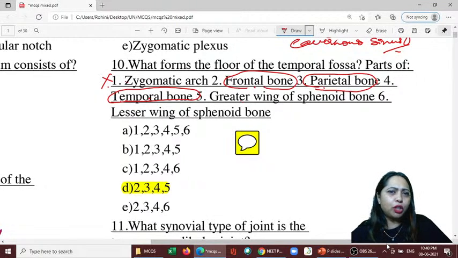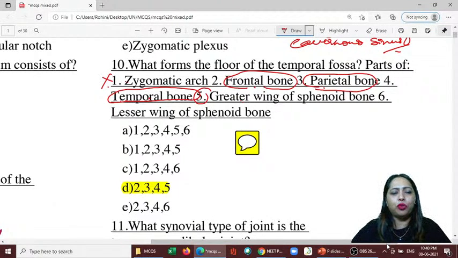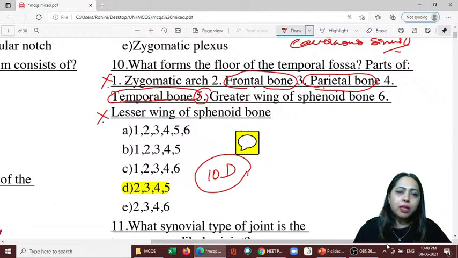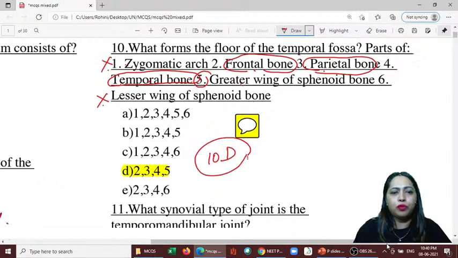Just below that you have the optic canals, so you can see all these things in the lesser wing. So this is what you have. The fifth one. So the answer is 2, 3, 4, 5. The answer for the 10th one is D. These are the bones, except for the zygomatic arch and lesser wing. The rest of them are present forming the floor.